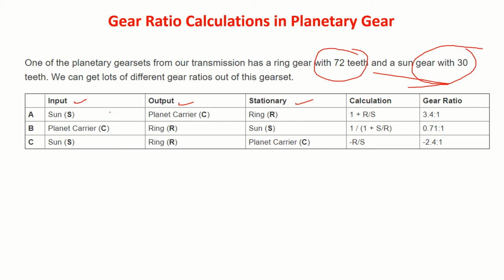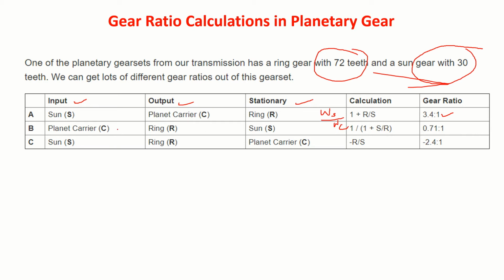Then you see here the gear ratio, by substituting in this equation R and S, you are going to get this one. So already we have derived that omega s by omega c is equal to 1 plus Rr by Rs. Substituting the value, you see here 72, this 30, I'll substitute, I'll get this one.